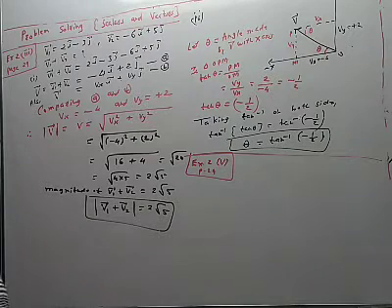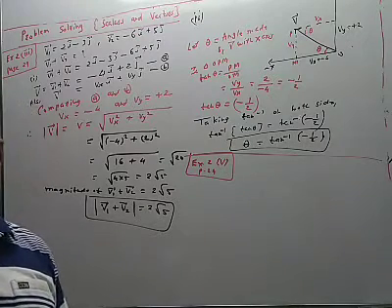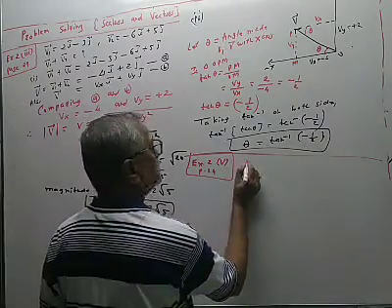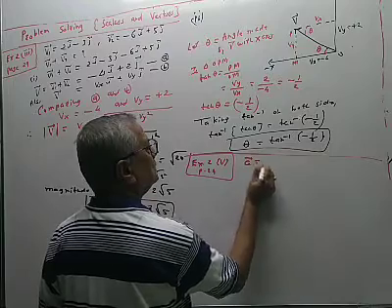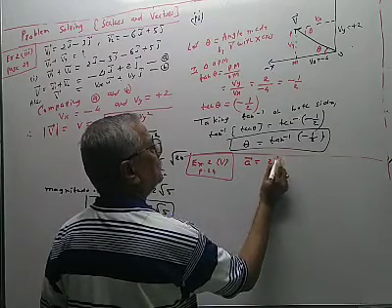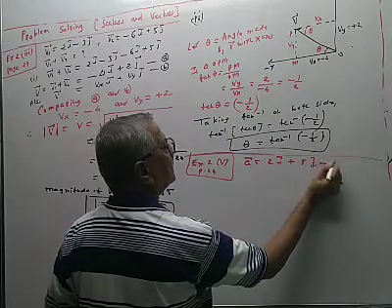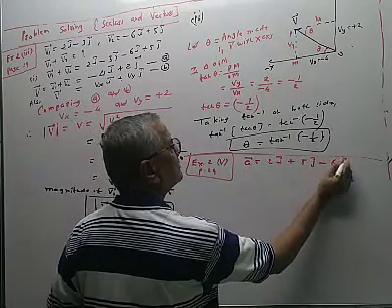So I will write down the given vectors. A is equal to 2I plus 5J minus 6K.